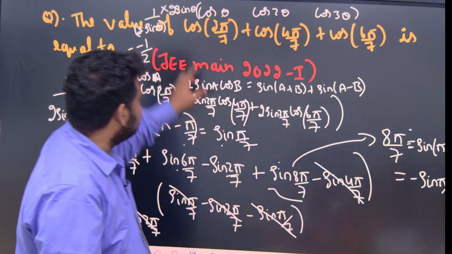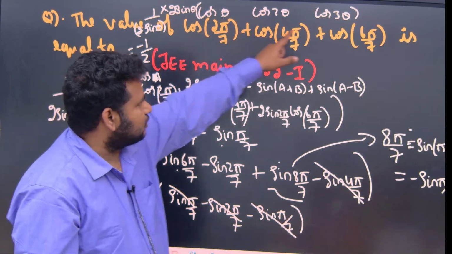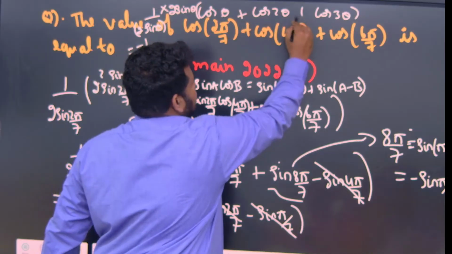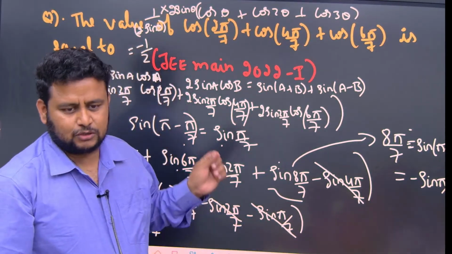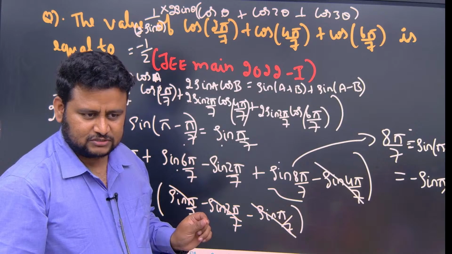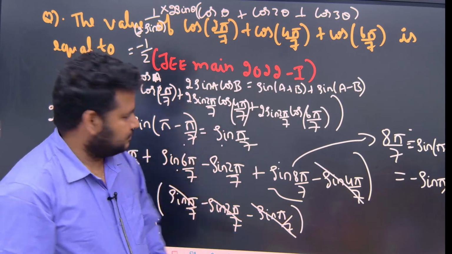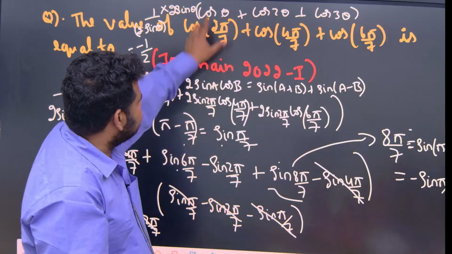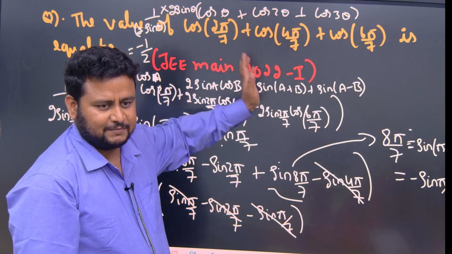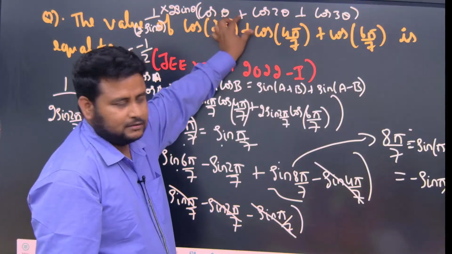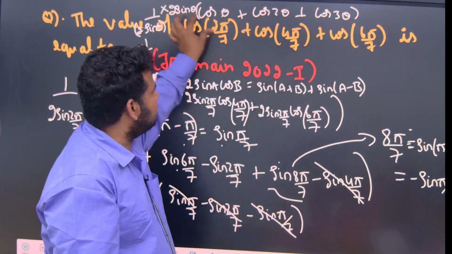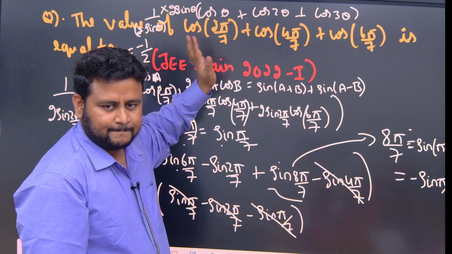And most importantly, when you get cos theta, cos 2 theta, cos 3 theta and so on, multiply and divide by 2 sin theta. This is the trick you have to remember. When you get such a question, you should multiply and divide by 2 sin theta, the smallest value of theta, not 2 theta or 3 theta. Clear? Understood?